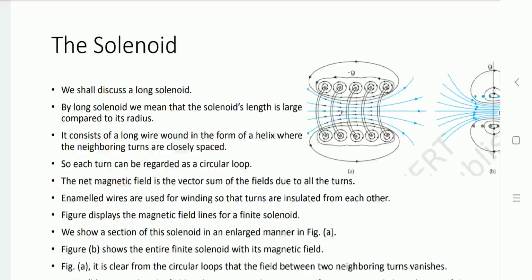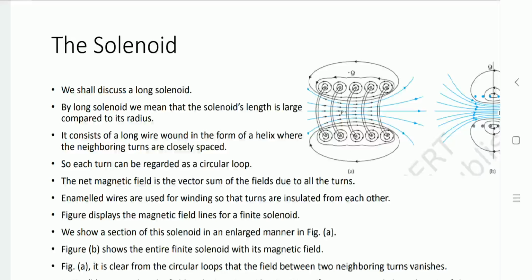Now the figure is displayed showing the magnetic field lines for the finite solenoid. Figure A shows it in an enlarged manner. Figure B shows the finite solenoid with the magnetic field.